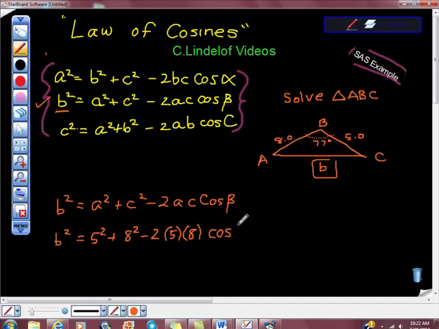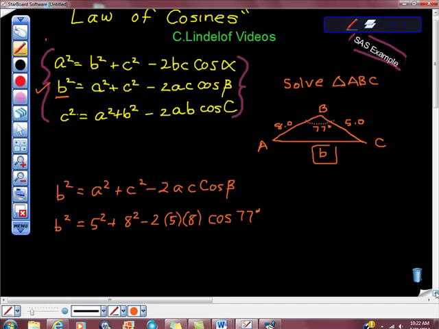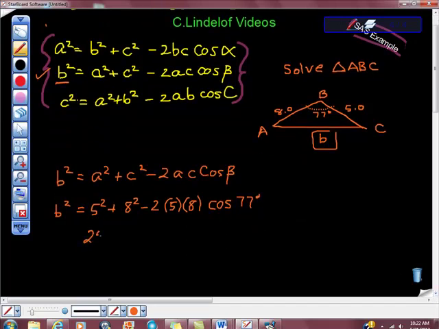Well, beta is 77 degrees, so cosine of 77 degrees. Let's just work through this a little bit more. 25 plus 64 minus 80 cosine of 77 degrees is equal to b squared.